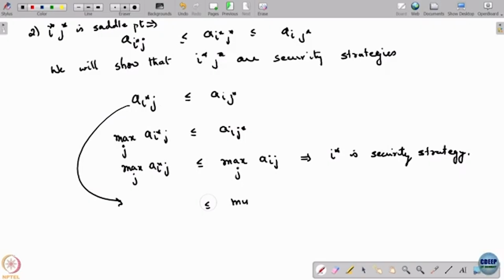So, I can do a min over i on the right, min over i of a_{i j star}, and the left hand side will still remain a_{i star j}, which is in turn greater than or equal to min over i of a_{ij}. Now, combining these two tells me that j star is a security strategy.